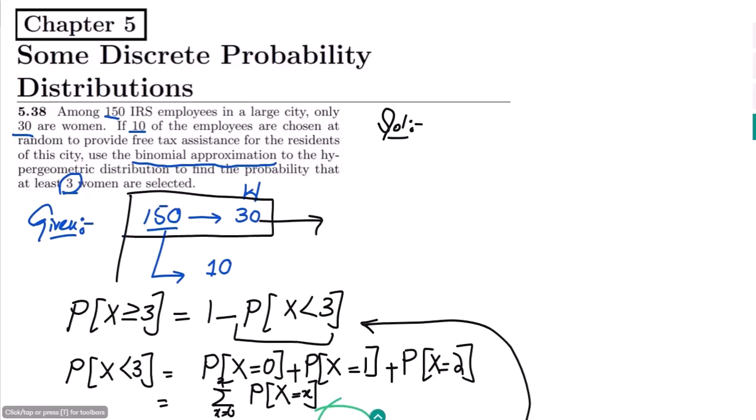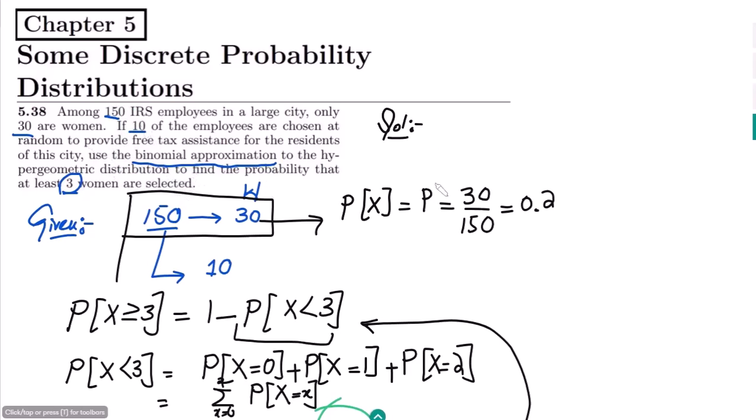To do the binomial approximation, we have to find the probability p, the probability of women among the employees. It would be 30 divided by 150, so it would be 0.2. This is the probability of women out of the 150, which is the population size.